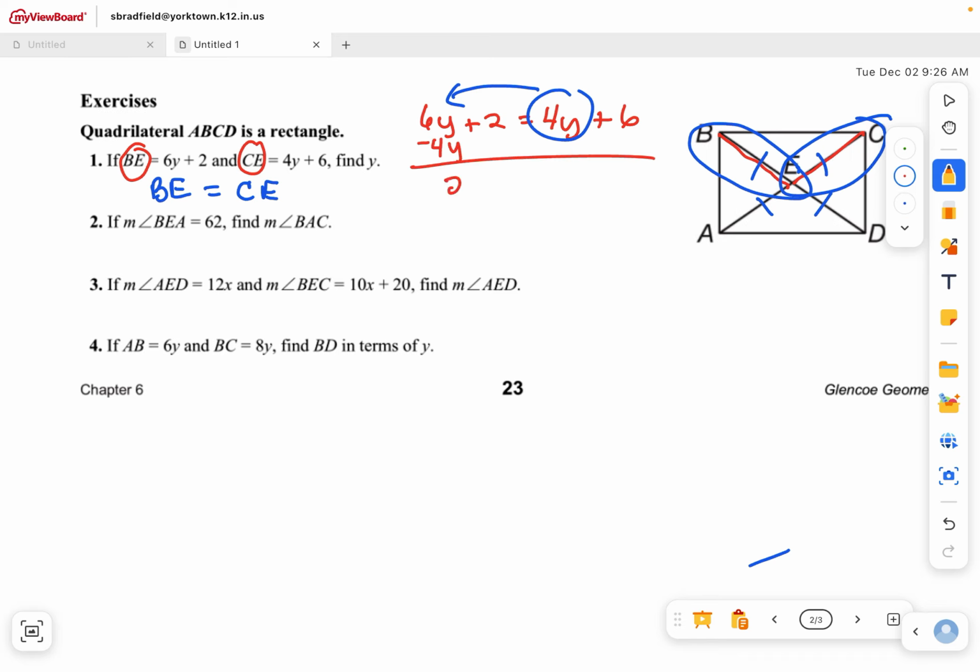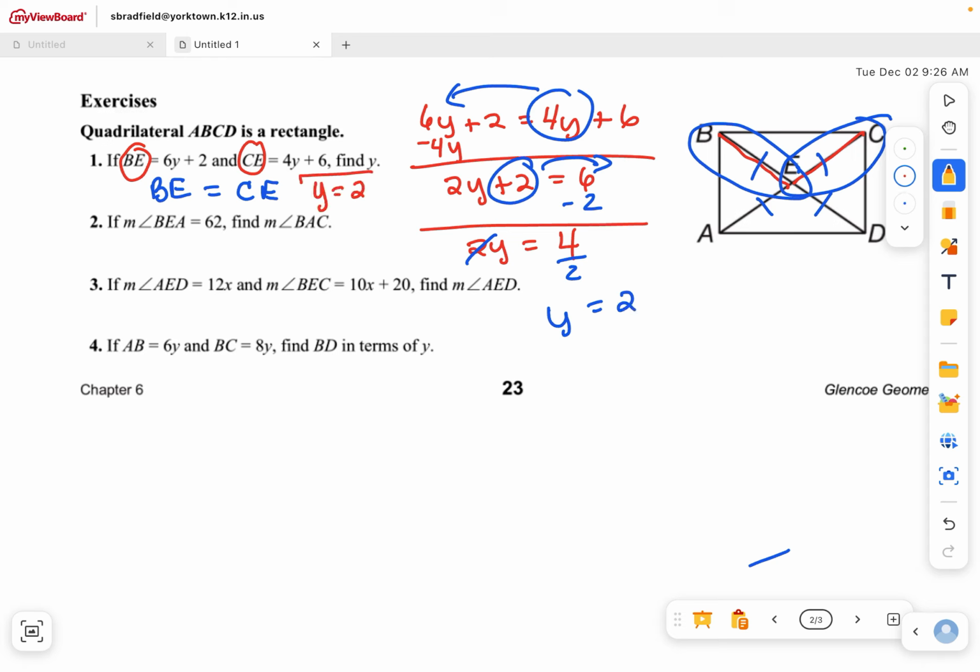So I get 2y plus 2 equals 6. And then we're going to do our constants on the right. So we're going to subtract 2 here. And I get 2y equals 4. And then we're going to divide by 2, which gives me y equals 2. So for number 1, y equals 2.